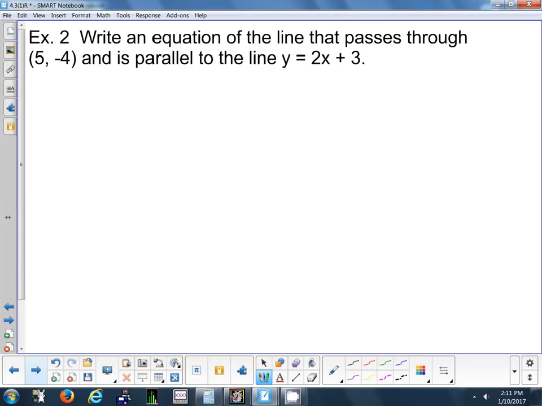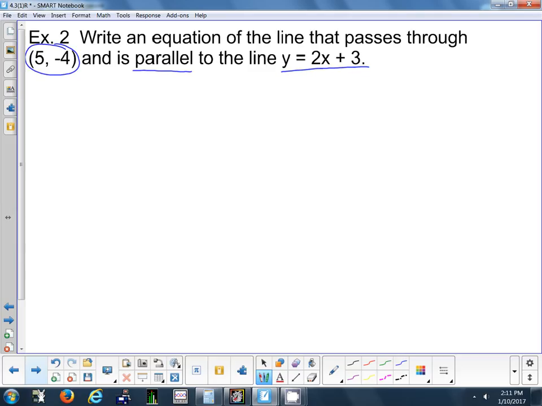All right, so this one says write an equation of the line that is going to pass through this point. So they're telling us a point, and they want it to be parallel to this line.